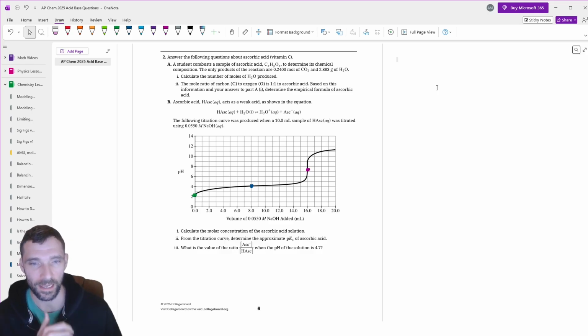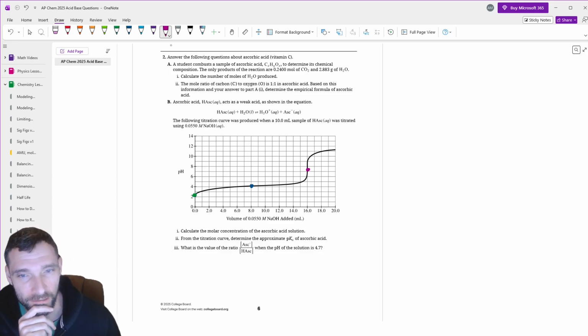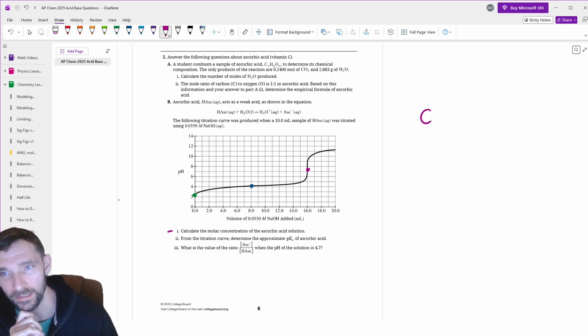So if we're looking at question 1 right here, it's basically asking you to think about what's happening at the equivalence point. And at that equivalence point, the amount of acid that you have present has given you a certain amount of moles of that acid.